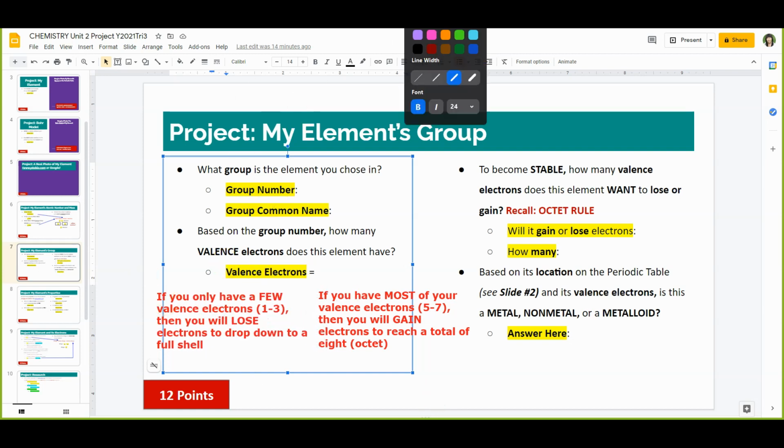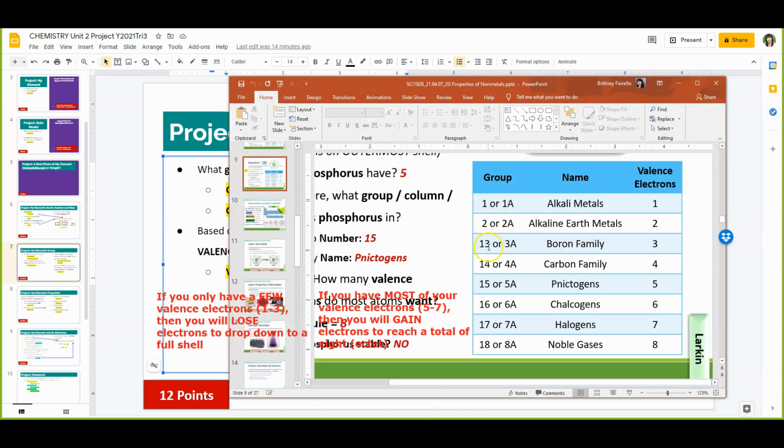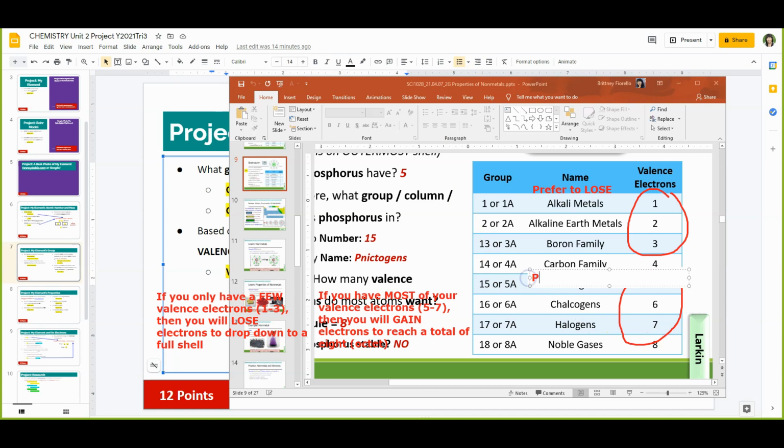So just as a tip here, right, we just went over this, that if you are in groups 1, 2, or 13, these groups only have a few valence electrons, and so these groups are going to prefer to lose their valence electrons, 1, 2, or 3. And if you're over here, the pnictogens, chalcogens, or halogens, 5 to 7 valence electrons, you will prefer to gain, and specifically prefer to gain however many it takes to get to 8.